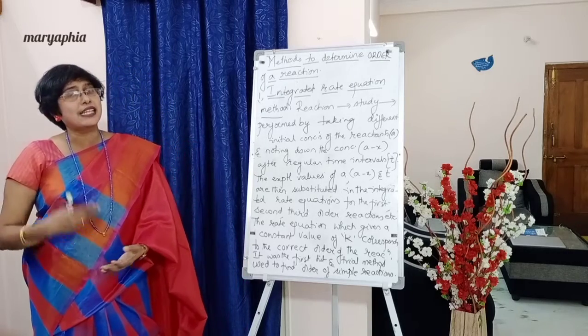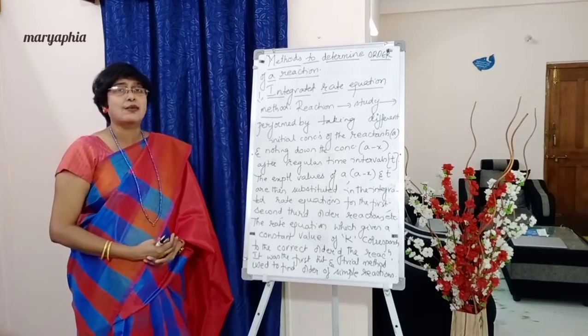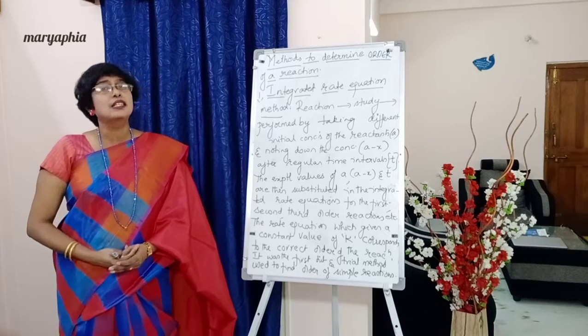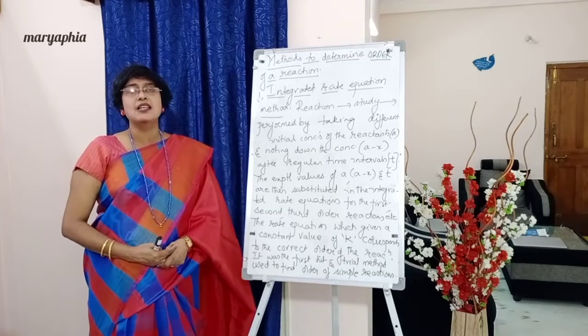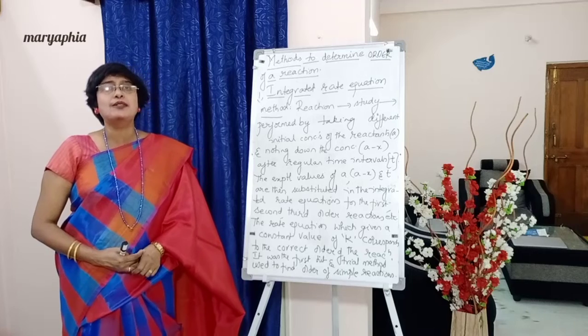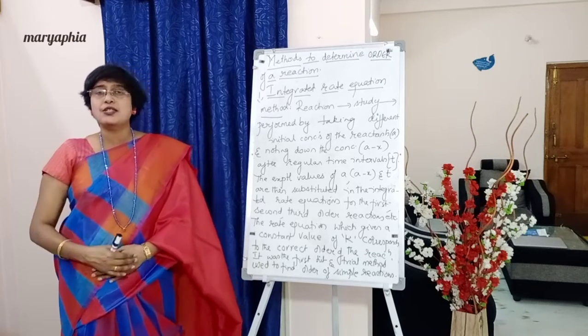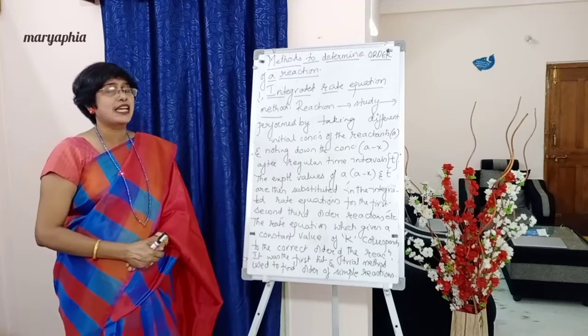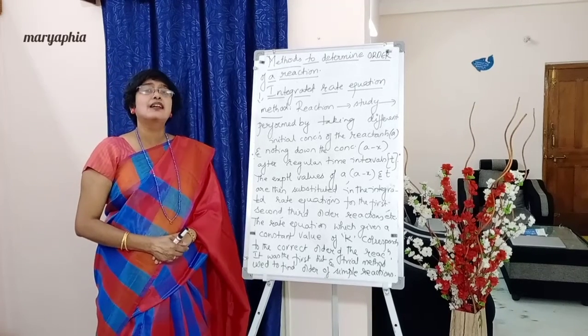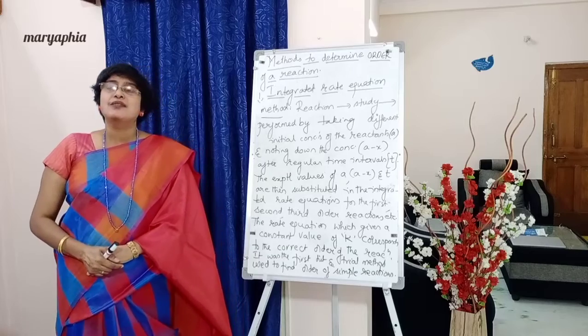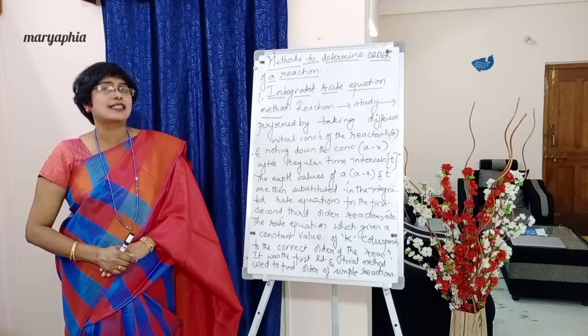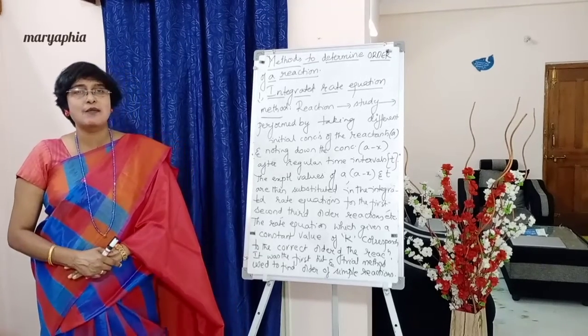If second order also does not give constant values, then we move on to the third order rate expression. Like this we keep doing the experiments, substituting the values in the rate expressions, and we can determine the order of the reaction. Hence we call this a hit and trial method, students.